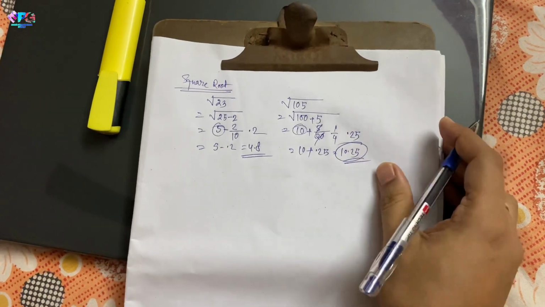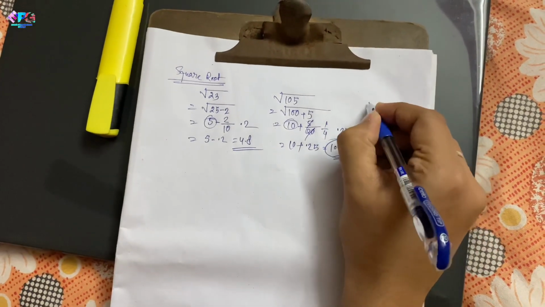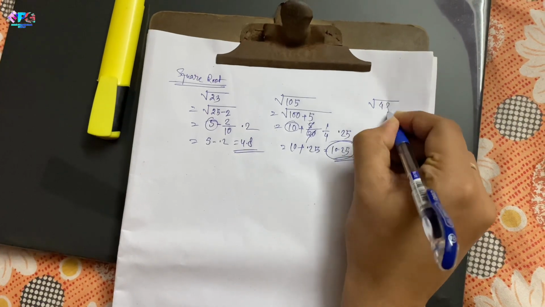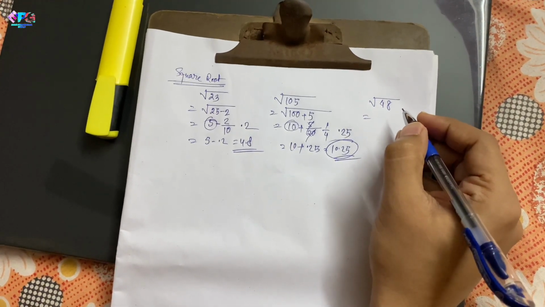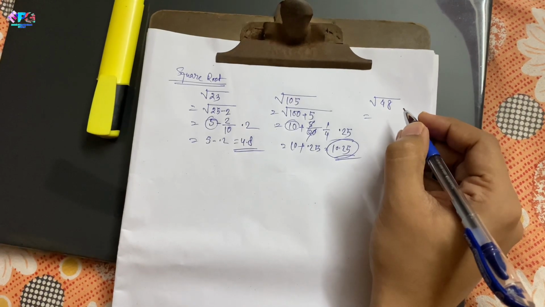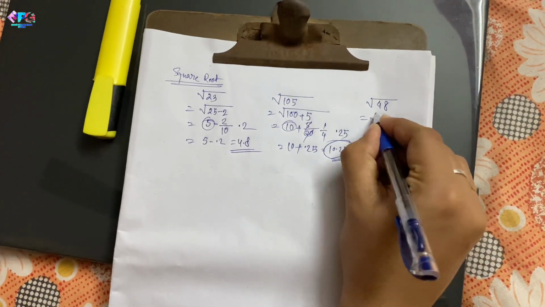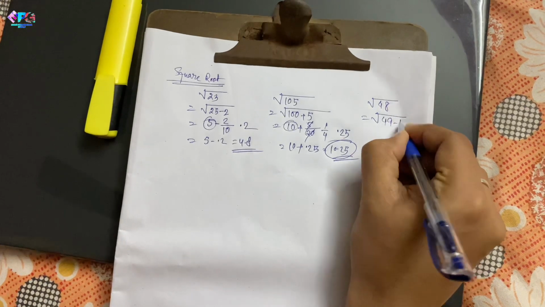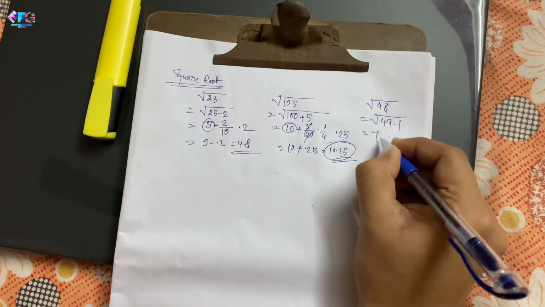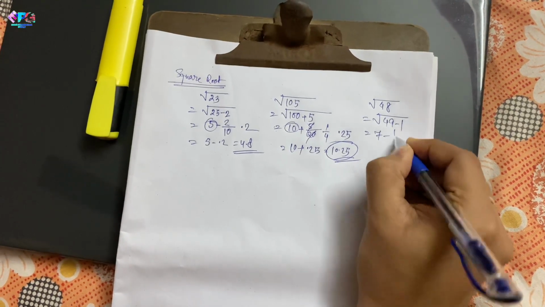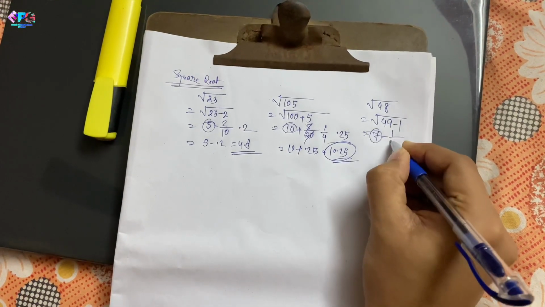Okay, so I'm taking another value and this time you will tell me the answer. Very fast, tell me within a few seconds. Square root of 48, right? So we can write it as 49 minus 1. Square root of 49 means 7, minus 1 by double of 7, which is 14.